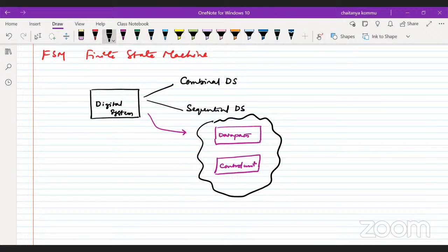So what is this data path unit for? It is for the circuit realization, the hardware representation. The data path unit is where arithmetic operations will be performed on the data. And the control unit is to control the operations.